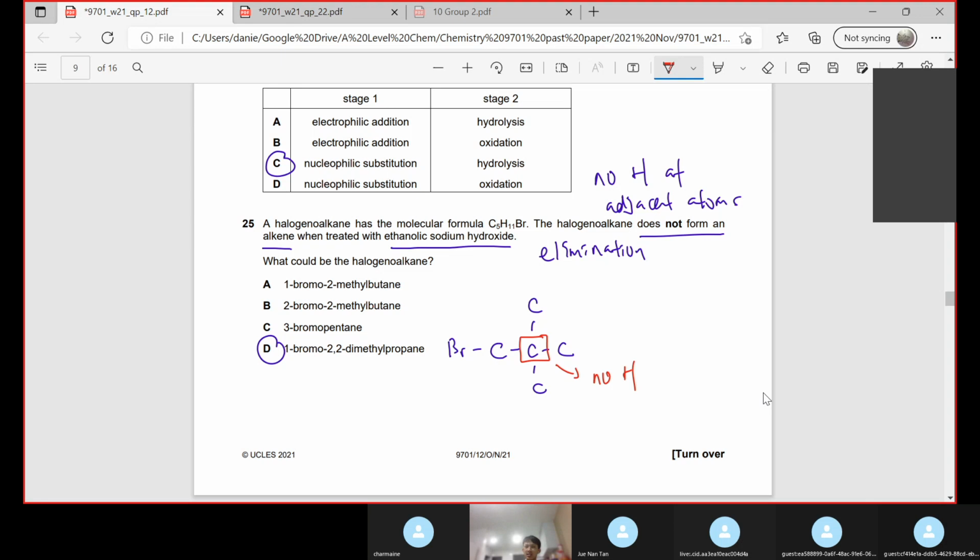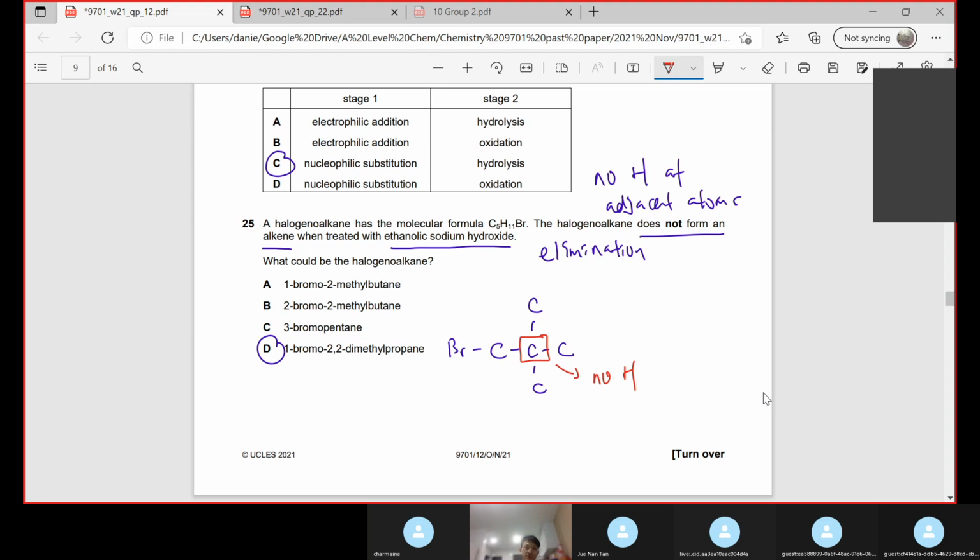Actually this is quite similar to alcohol. Do you still remember why tertiary alcohol cannot undergo oxidation? Similar. It doesn't have H. That's why it cannot oxidize.